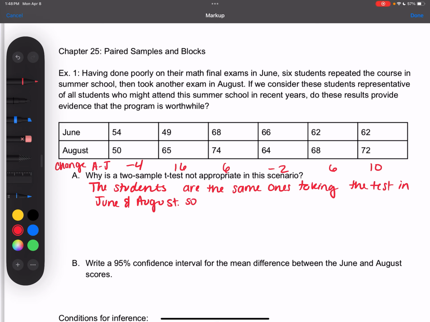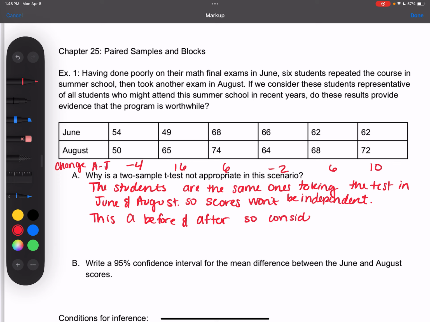So scores won't be independent. This is a before and after. So consider these data paired, and look at the change in scores.